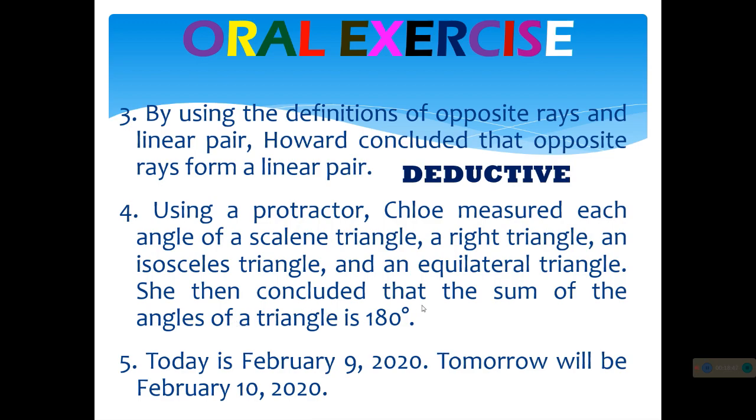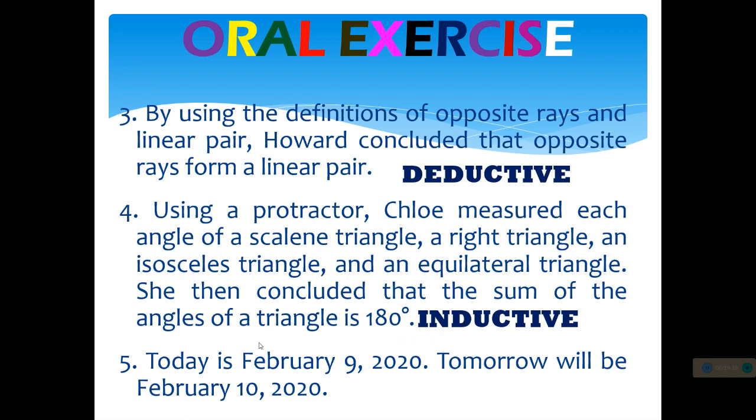She then concluded that the sum of the angles of a triangle is 180 degrees. So is it inductive or deductive? Correct. That is inductive. So she measured the angles of the triangle first, before she concluded the property of the measure of the angles of a triangle.